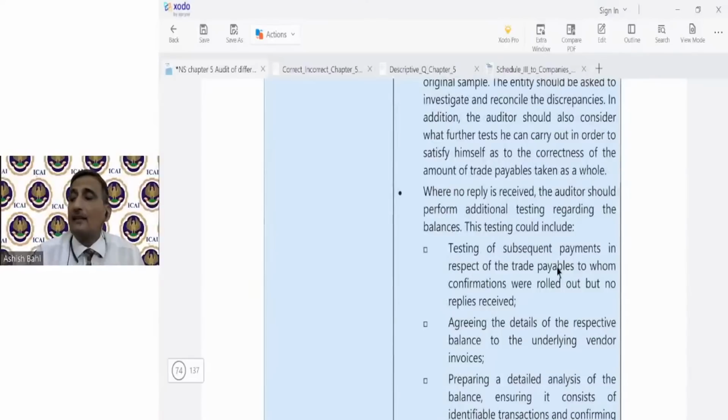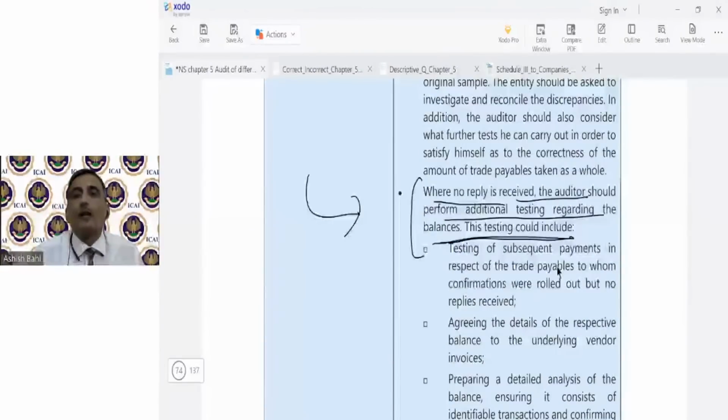So in case, students, if you do not get a reply from the confirming party, then the auditor should perform additional testing regarding the balances. Now, how can he perform additional testing? Say the auditor gets no response from a major trade creditor, from a major trade payable to whom he had sent a confirmation request.